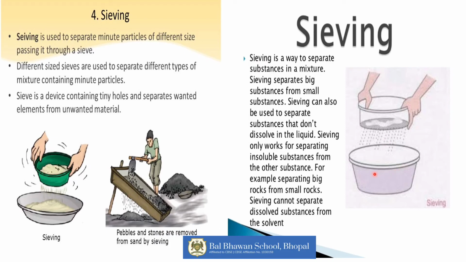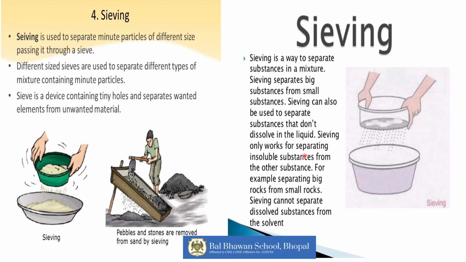Now again children, do remember that sieving can work only for separating insoluble substances from other substances. For example, you can separate a mixture of rice with stone, but you cannot use this method to separate a mixture of sand and sugar in water, or sand and salt in water, because salt will be soluble and you will not be able to remove the salt from water.